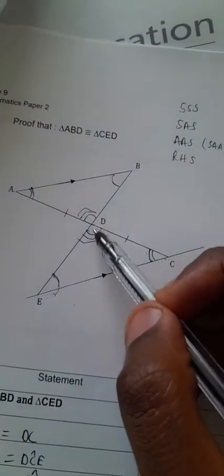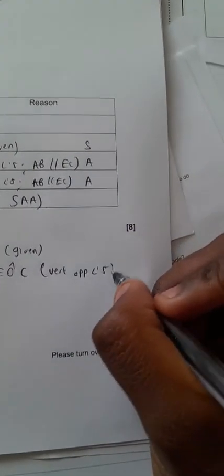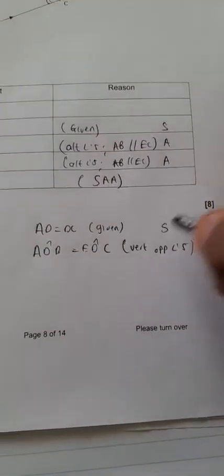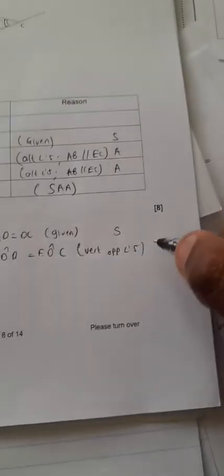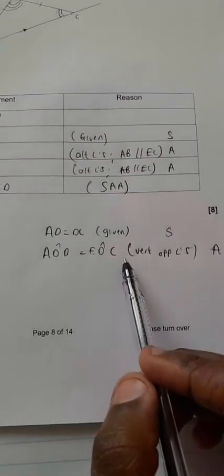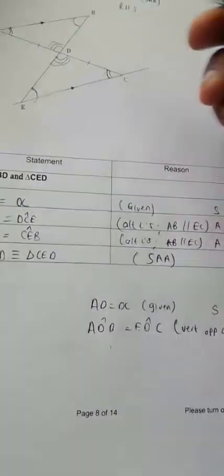You are the man. The reason why we said this angle is equal to this angle is because of vertically opposite angles. Okay. So statement number 1 has to do with S. Statement number 2 has to do with A, because we've identified two angles that are equal. Statement number 3 can be simply taken from any of what we have seen.